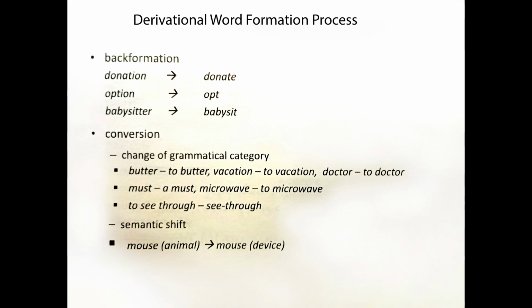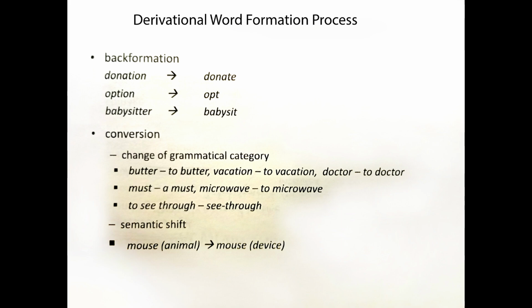Sometimes it doesn't need to be, but sometimes there is a component that needs to be added. Let's take the word donation. We cut the back part ION and keep the front part, but by adding the letter E. So the newly formed word is donate.